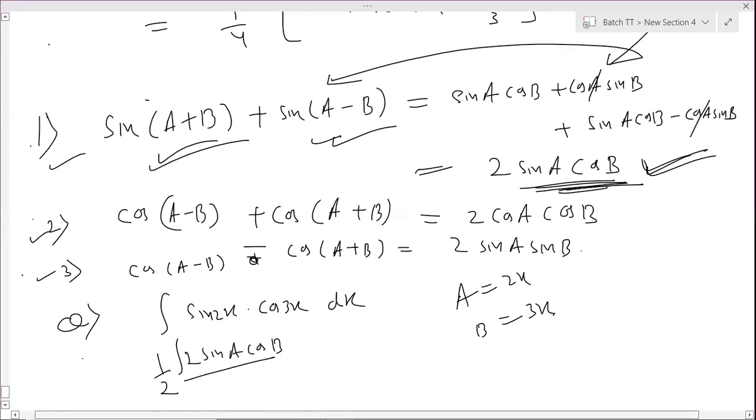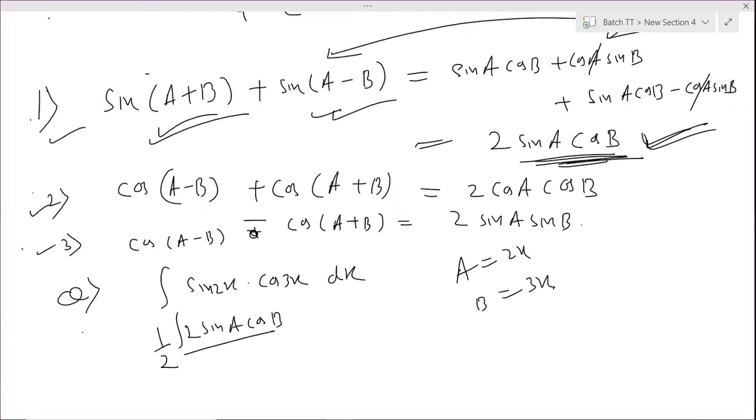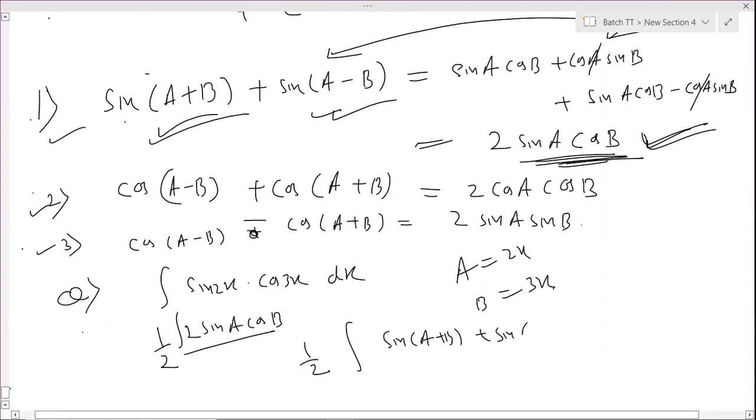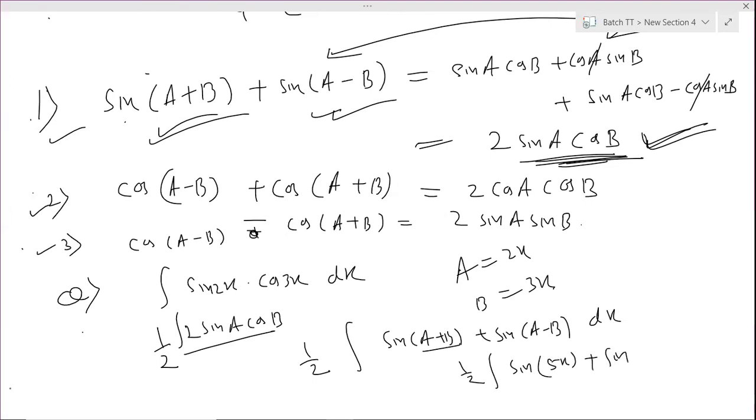Now you can see this formula on the screen: sine A plus B plus sine A minus B. So half of integration of sine A plus B plus sine A minus B. What is the value of A? 2x. So half of integration of sine 2x plus 3x, which is 5x, plus sine A minus B, 2x minus 3x, which is minus x.